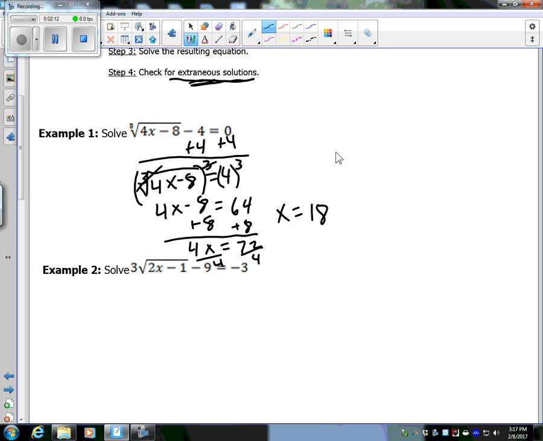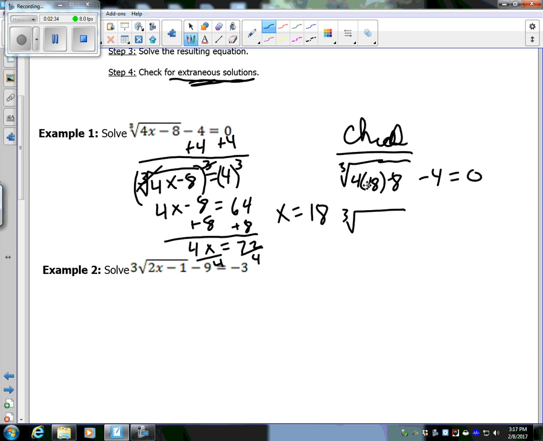For the quick check, wow, that is sloppy. That says check. You have the cube root of 4 times 18 minus 8, and subtract 4 on the outside, that has to equal 0. So we have the cube root, 4 times 18 is 72, minus 8 is 64.